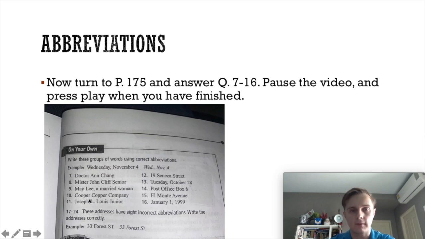There's not much space, but anything that needs to be abbreviated, you can change. Now in the example, it's got Wednesday, November 4th. That means you need to change the day Wednesday and the month November. So be careful. Make sure that you find all the abbreviations. So if you're ready, you can pause the video and press play when you are ready.